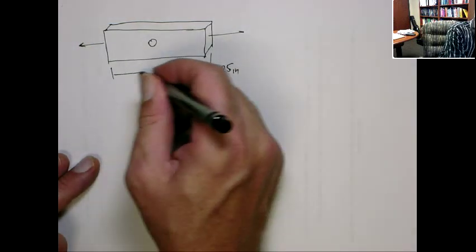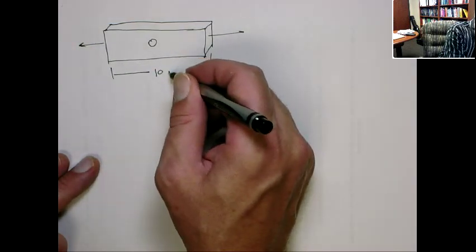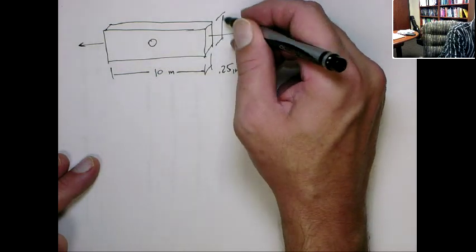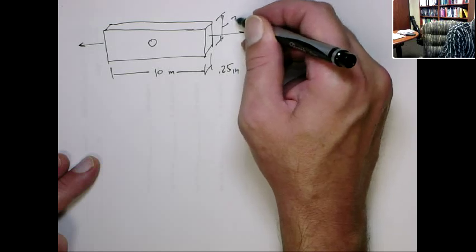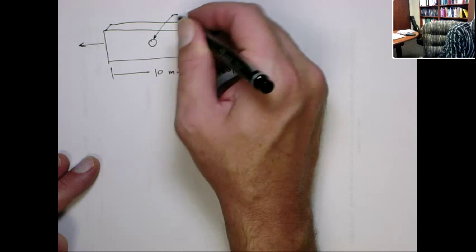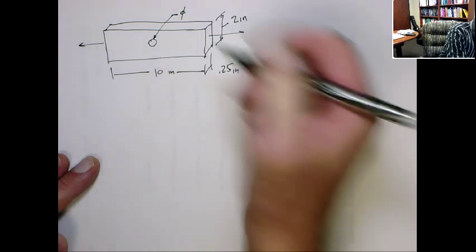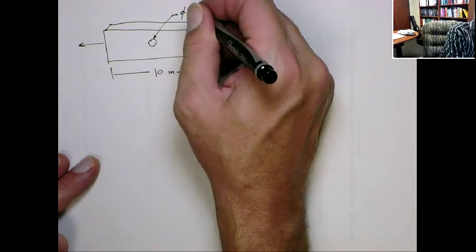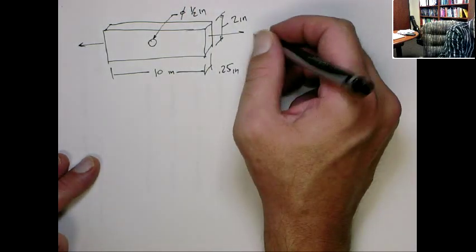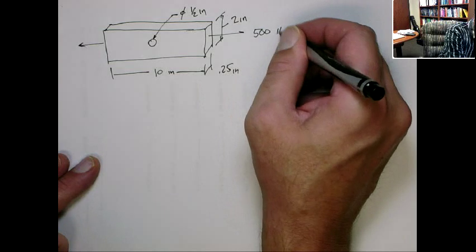We'll give it a length. Doesn't matter actually, but we'll just say 10 inches, and then a height of 2 inches. And this hole, let's say, has a diameter of 1/2 of an inch. Okay? And the load P is 500 pounds.